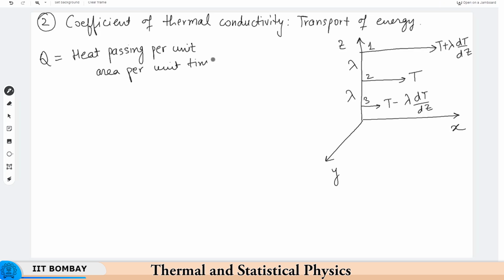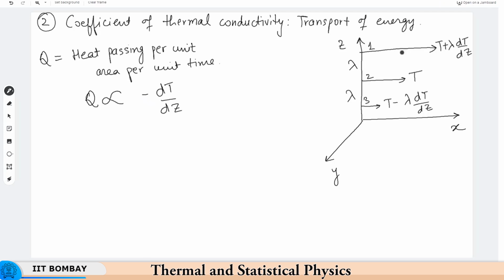What is the amount of energy transferred in a certain direction per unit area per unit time? Again we can imagine that this Q has to be proportional to the magnitude of the temperature gradient, and this will be minus dT by dz.